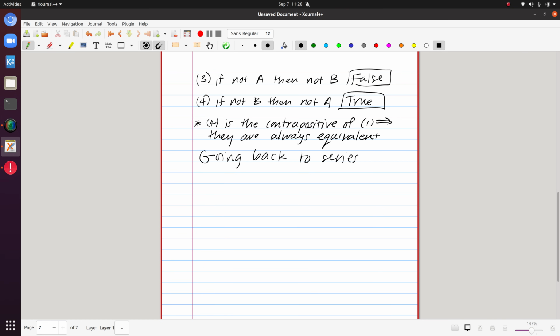What we looked at in the prior part here is, let's assume that A is now knowing that the series converges, and B is the statement, the limit of the terms of that series is 0.